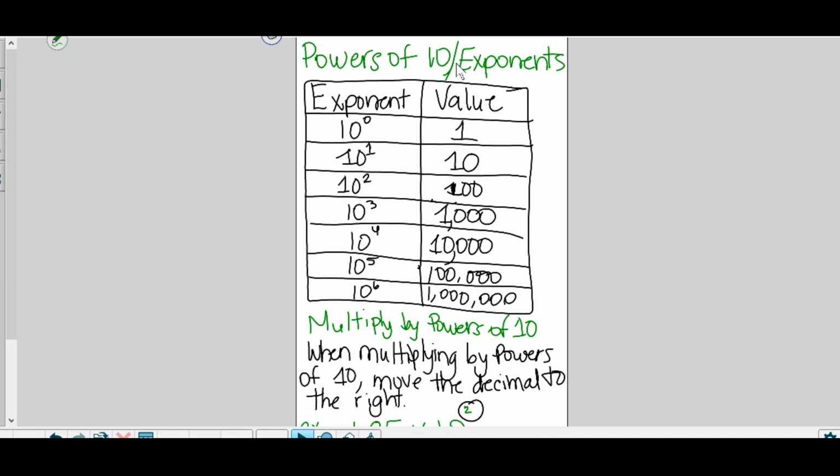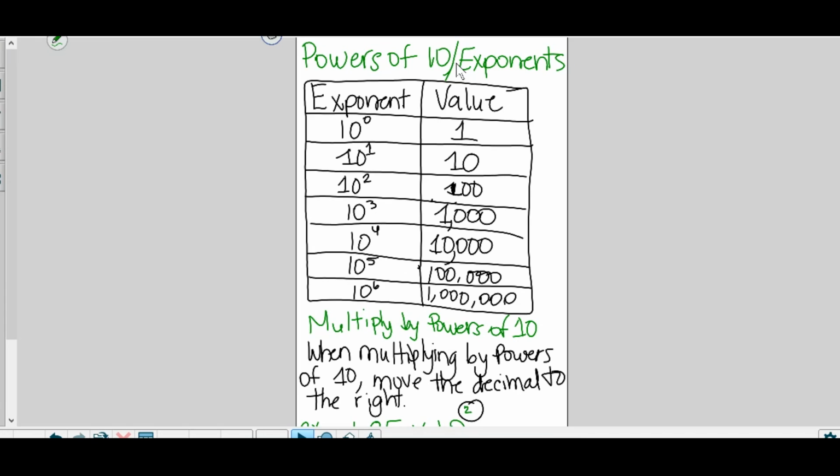But in this case, what I like to think of it as, it's a 10 without a 0 in it, which is a little confusing, but maybe not. A 10 without a 0 in it looks like what? It looks like the number 1 because it just has the number 1 with no 0. So that's how you can remember 10 to the 0 power equals the number 1.